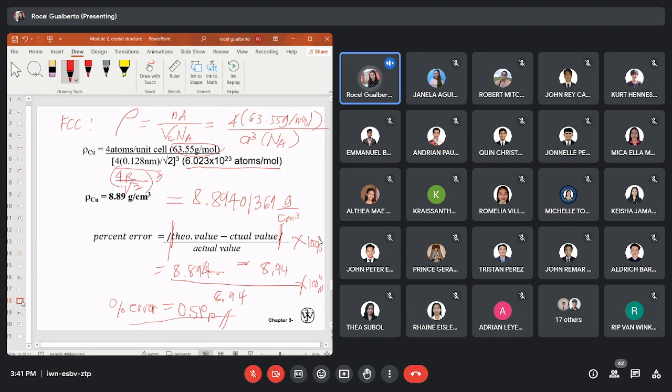So we therefore conclude that using the structure only, we can really predict the density of this material. So, yun po yung ibig sabihin nun. That is why we compute for this percent error, para makita natin gaano ba siya kalapit or kalayo doon sa actual value.